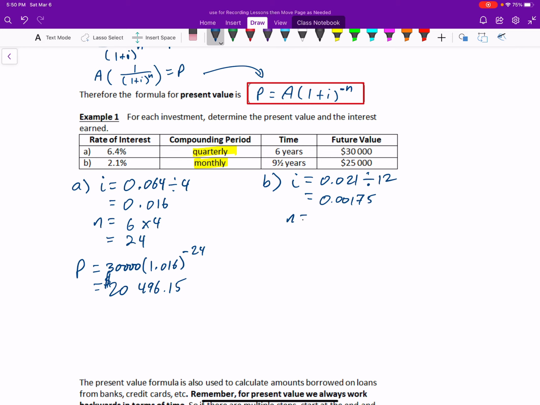And n is going to equal 9.5 years times 12. That should be 114, since 10 times 12 is 120, and I'll take away 6. I get 114. P is going to equal $25,000 times 1.021 to the exponent negative 114.